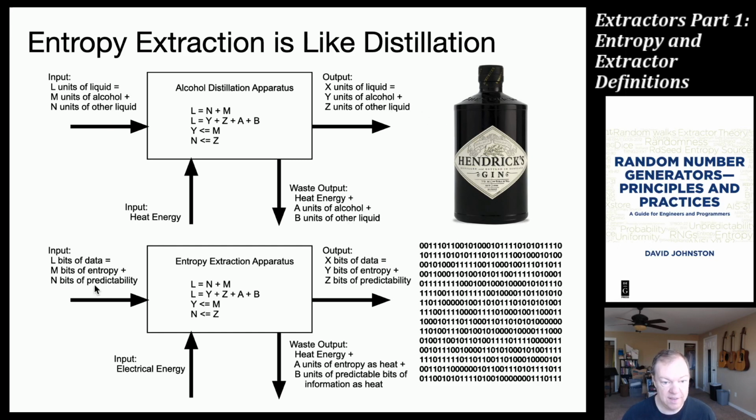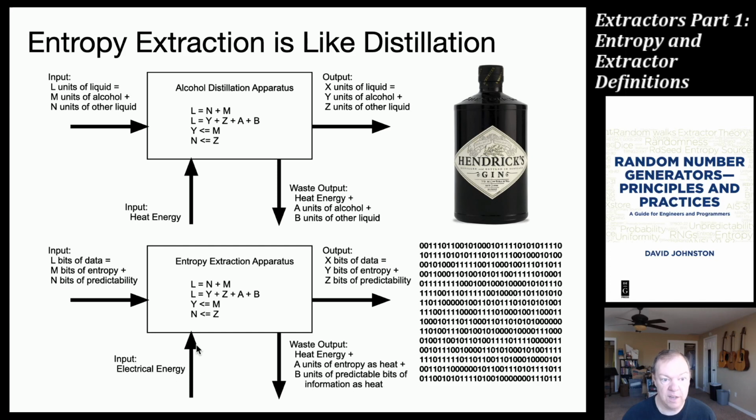That's exactly the same. These sums are exactly the same with an entropy extraction algorithm. L bits of data, there's m bits of entropy, n bits of what I call predictability, for want of a better word. So L equals n plus m. And we're outputting x bits of data that have y bits of entropy and z bits of predictability. And we have some waste output, because this is a computer now, of heat energy, and some of the entropy is lost as heat, and some of the predictable bits are lost as heat.